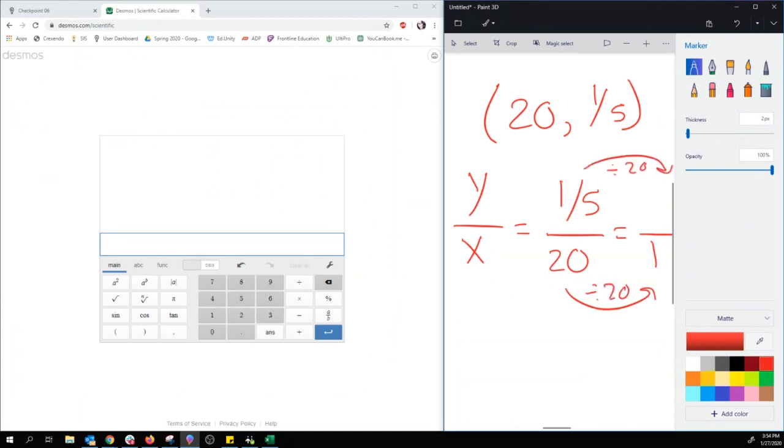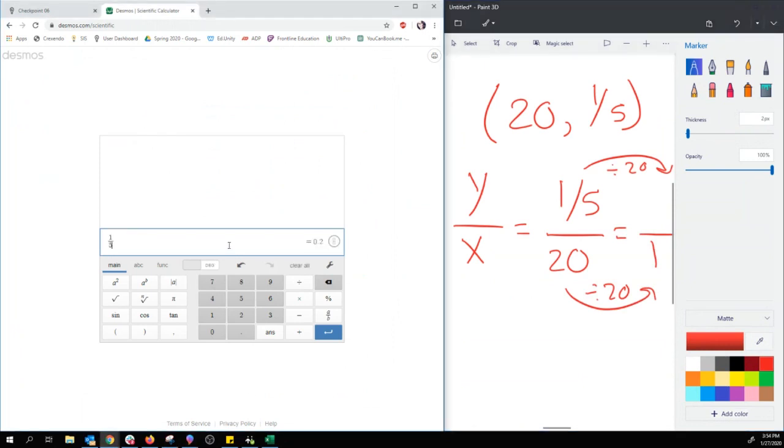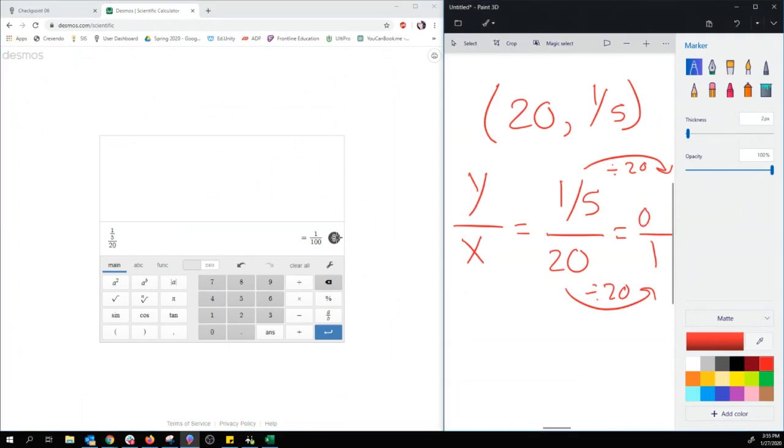Now, when you're typing this into Desmos, make sure after you do that 1/5 that you click in front of your fraction to get your cursor blinking in front of it. Then you can do divided by 20. And to make this into a fraction, I'm going to hit that button. So my unit rate here is going to be 1 over 100.